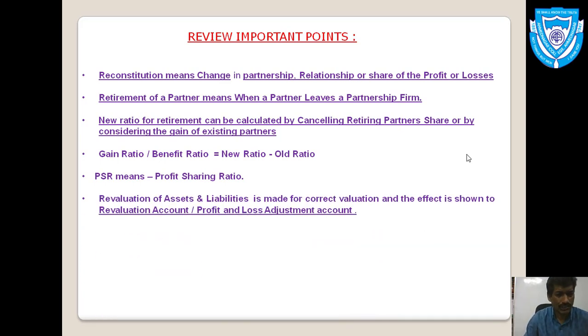मित्रांनो, revaluation of assets and liabilities is made for correct value, for showing correct valuation, and the effect is shown to revaluation, or we can say profit and loss adjustment account. आपण रिव्हॅल्युएशन अकाउंट आणि प्रॉफिट अँड लॉस अकाउंट हे मागच्या चॅप्टरमध्ये म्हणजे ॲडमिशनमध्ये शिकलेलो आहोत. आणि ते रिव्हॅल्युएशन अकाउंट किंवा प्रॉफिट अँड लॉस अकाउंट जो आहे, it is prepared for showing the changes in the value of assets and liabilities.